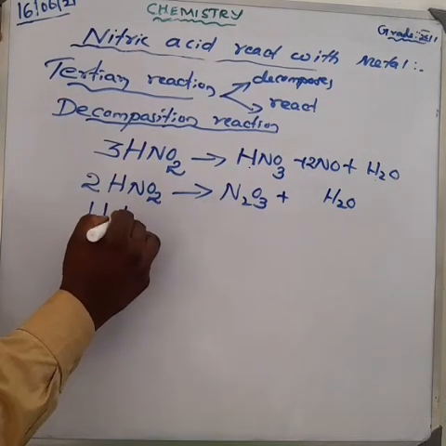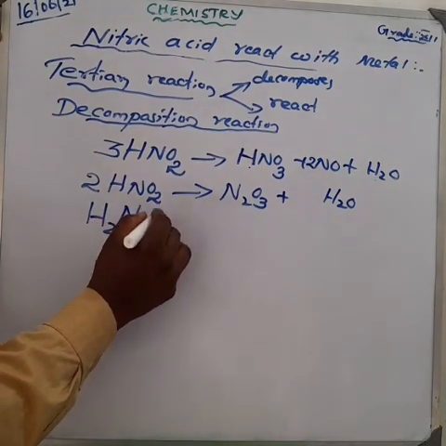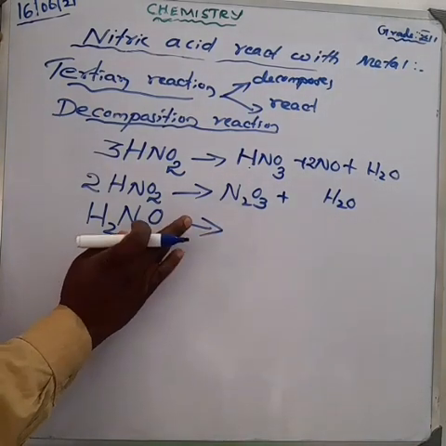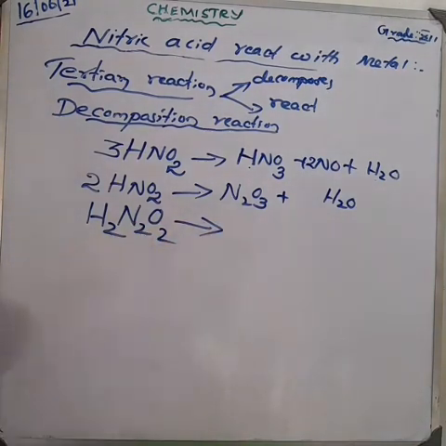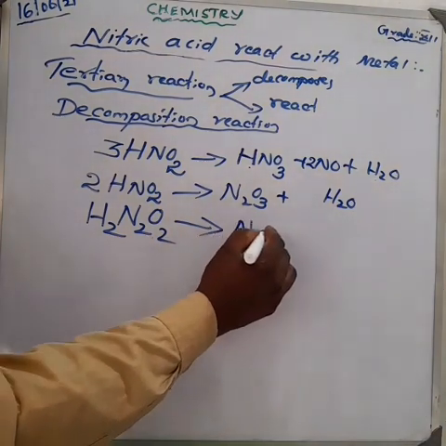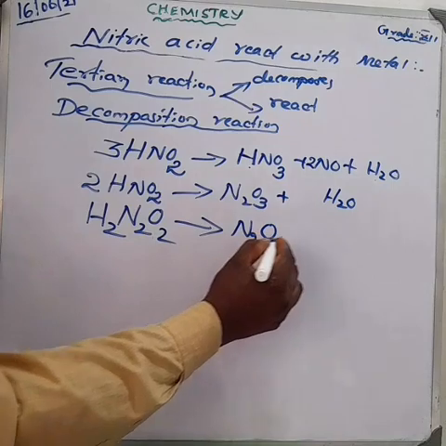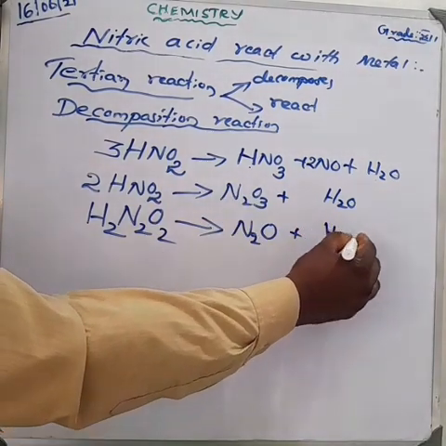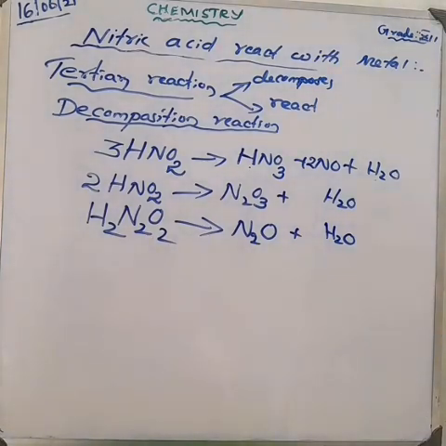What is the formula? H2N2O2. Hyponitrous acid undergoes decomposition. We get nitrous oxide, that is N2O, and also water molecules, H2O.